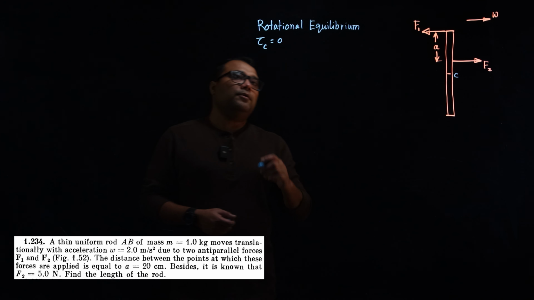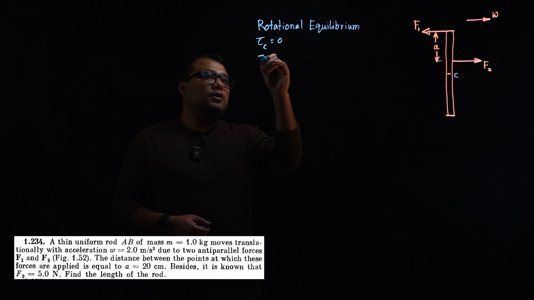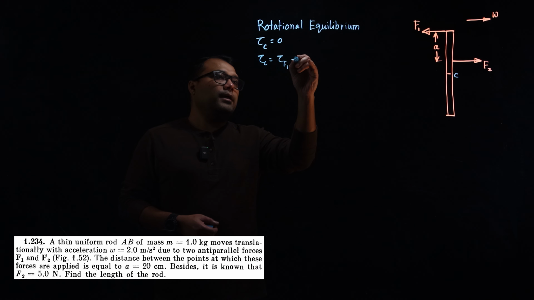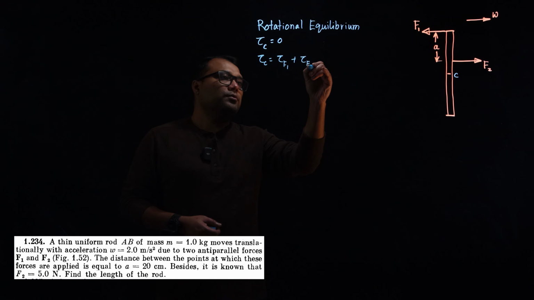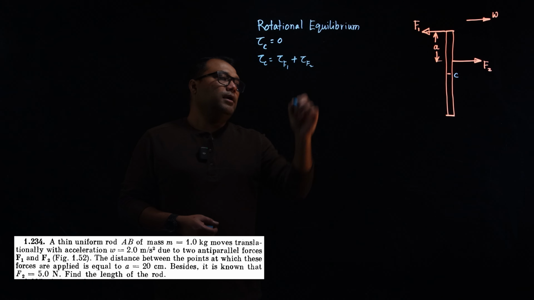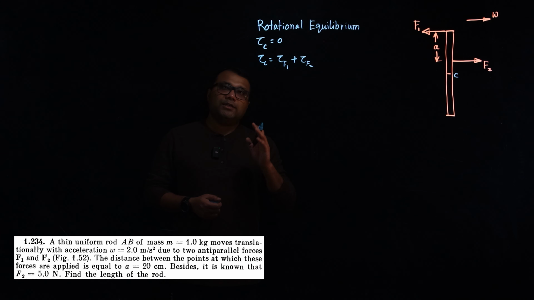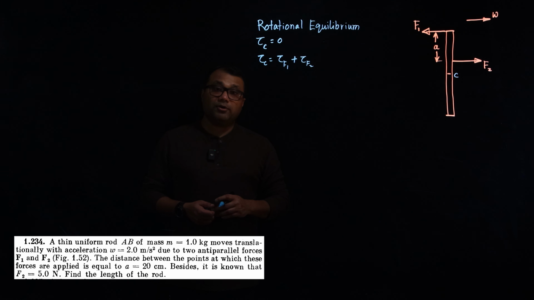So, how do we calculate tau? The torque tau c will be the torque due to F1 and the torque due to F2 about c. In fact, if it is in rotational equilibrium, the net torque acting on the system will be equal to 0 about any point.